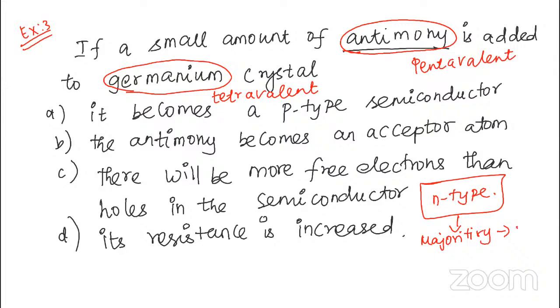Electrons, very good. The motion of electrons induces the current, right? So here there will be more free electrons than holes in the semiconductor.